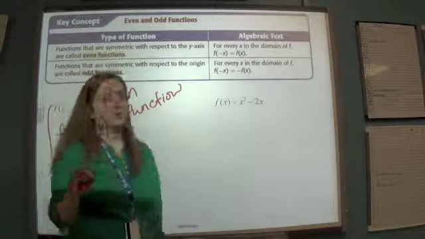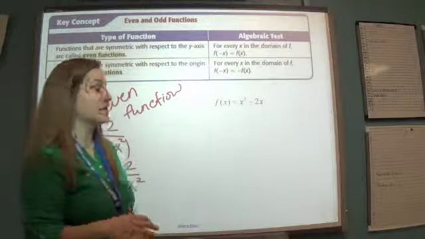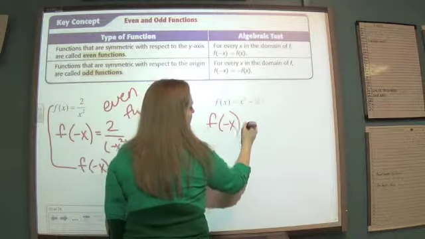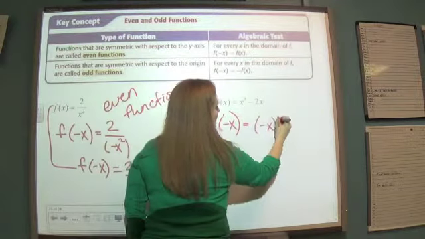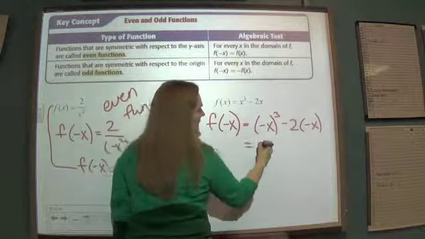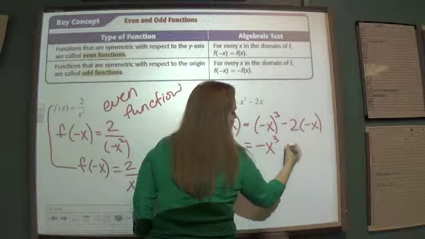Now, to prove it's an odd function, it's a little bit different because we're not using x and y, we're using f of x. You do the same thing: you plug in negative x. So I get negative x to the third minus 2 times negative x. Negative x to the third is negative x to the third. Negative 2 and negative x is plus 2x.